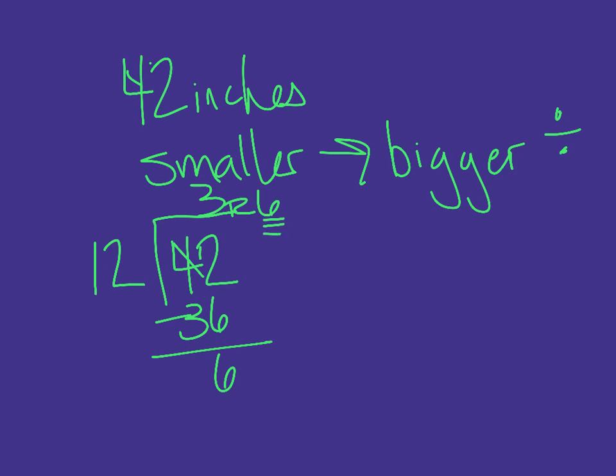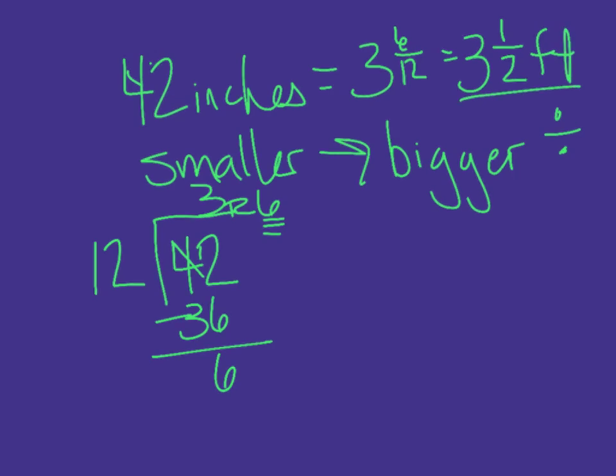So I can say 42 inches equals 3 feet, 6 inches, or I can say 42 inches equals 3 feet and 6 twelfths. Wait a minute, that's not right. That's not in lowest terms. I got you. 3 and 1/2 feet. Oh, there's supposed to be a T there. There it goes. So I know that when I go smaller to bigger, I divide.